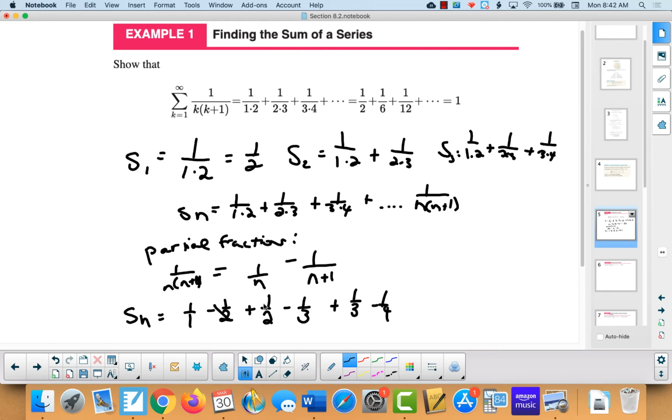So we can see that these are canceling out. This continues on till we get 1/n minus 1 times 1/n, plus 1/n minus 1/(n plus 1).